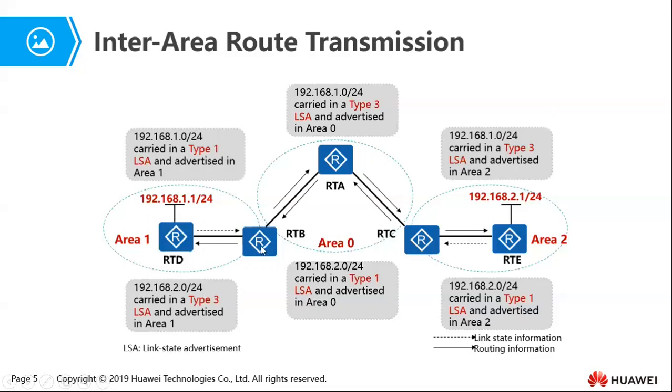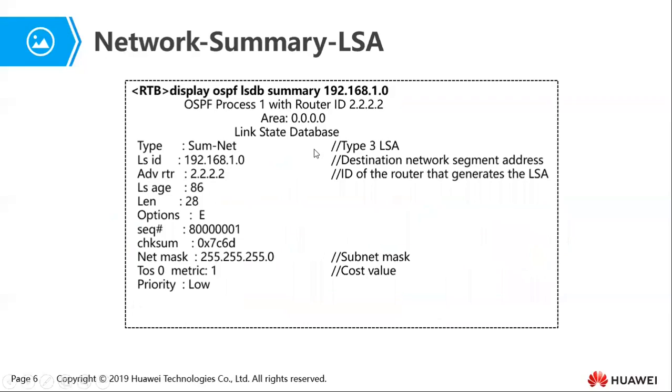It's the router ID of this particular advertising router. Exactly, the router ID of the ABR, because it's the ABR that generates this type 3 LSA.